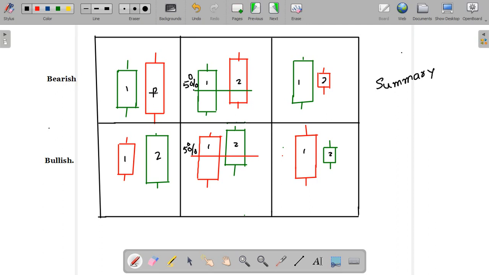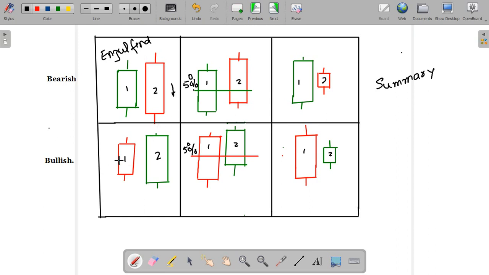Now this is the engulfing pattern. Fine. Everything depends on the second candle. The second candle has totally engulfed the first candle, and the second candle is a bearish candle. The market will fall.